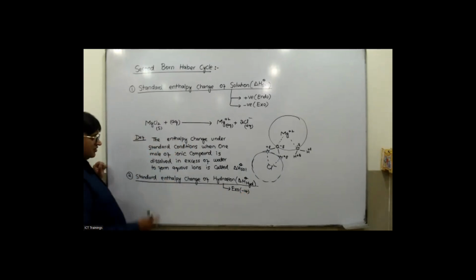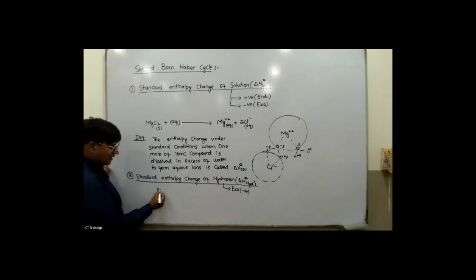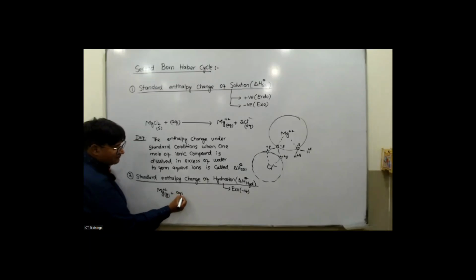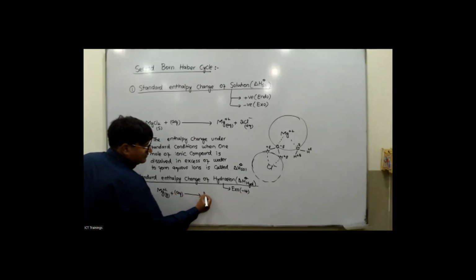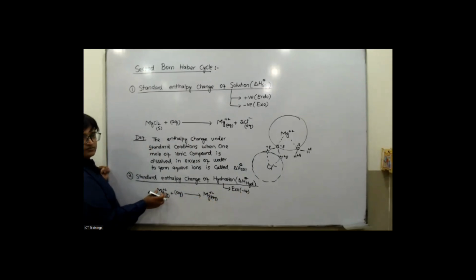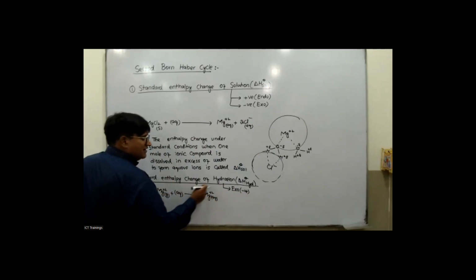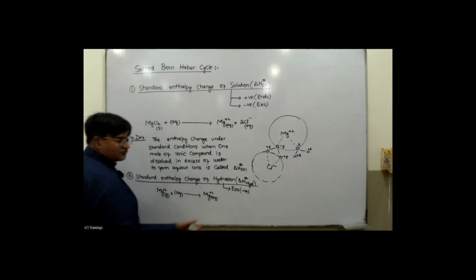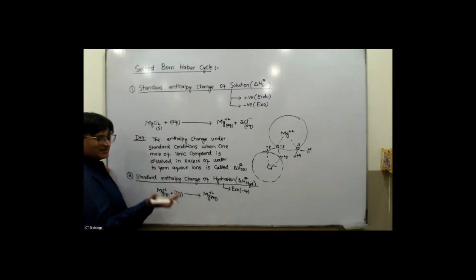In the enthalpy change of hydration, you have gaseous ions, like Mg plus 2 gaseous ion. If you dissolve it in water, what would happen? It would form the aqueous ions. So this is already present in ion form. Okay. So this gaseous ion, when dissolved in water, is surrounded by the water molecules from all the sides, so it will release energy.